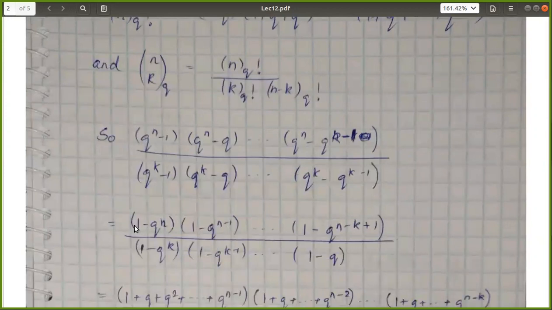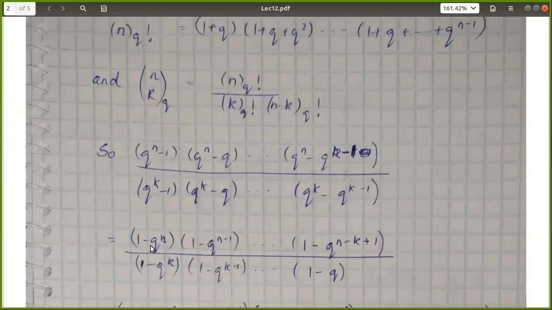Now, everyone knows the expression for what is a square minus b square? The expansion of a square minus b square is a plus b into a minus b.